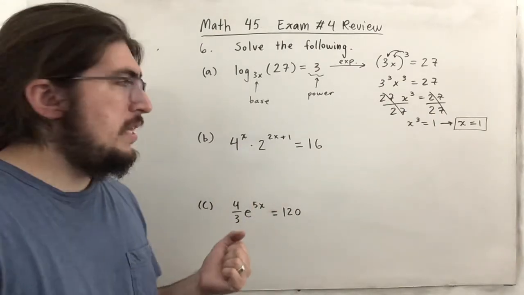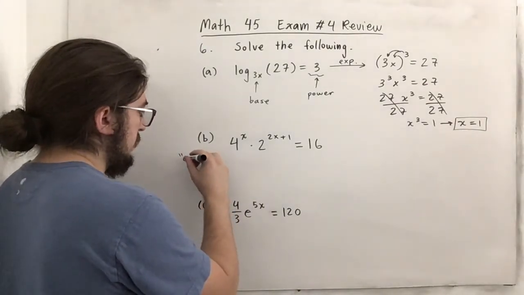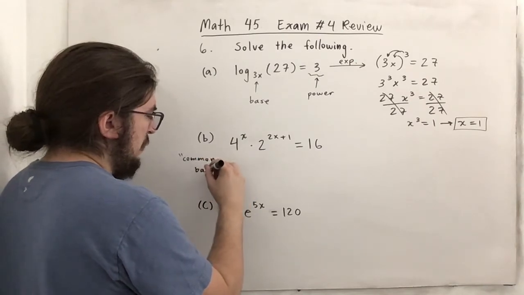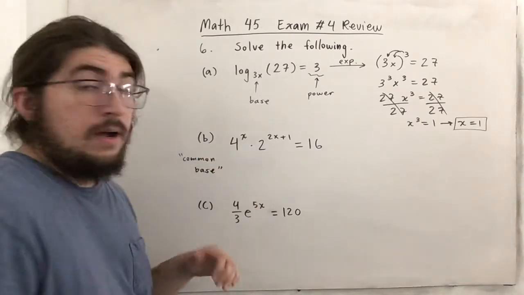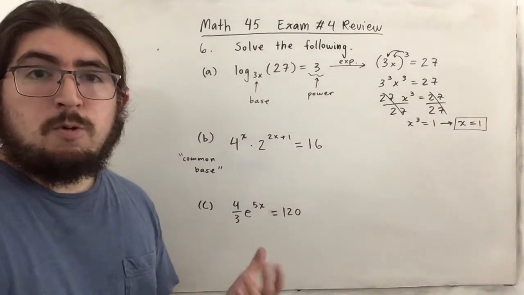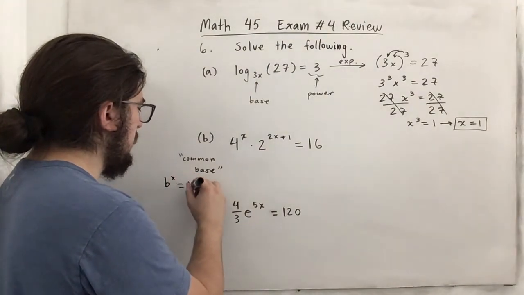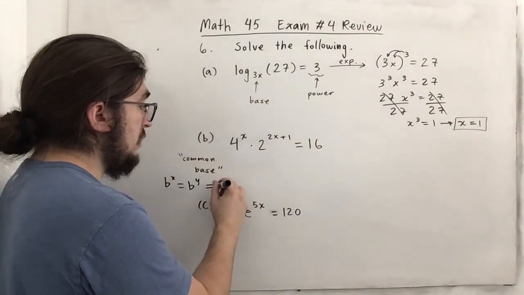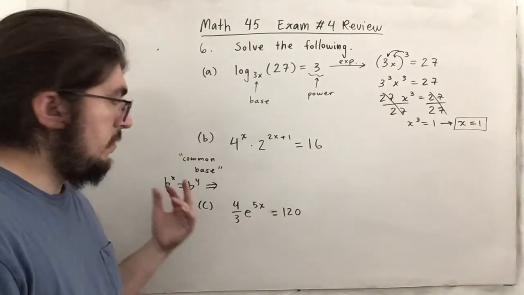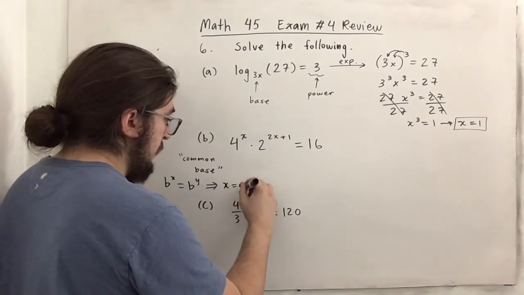In fact, all we really need to do here is find a common base and then apply this one-to-one property of exponentials. And the one-to-one property basically says that if you have b to the x equals b to the y, and the bases are both the same b, that are positive and not equal to 1, then x must be equal to y.